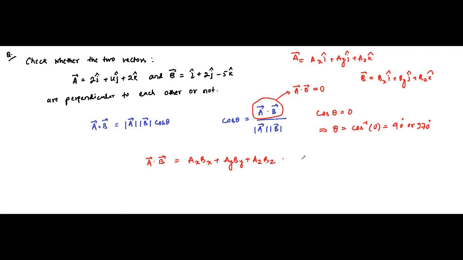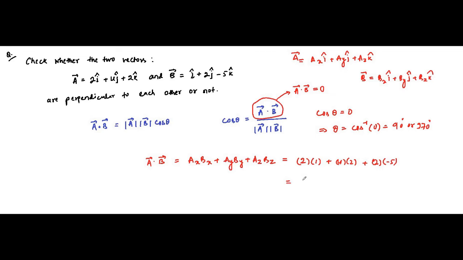So that will be 2 with 1, 4 with 2 and 2 with minus 5.